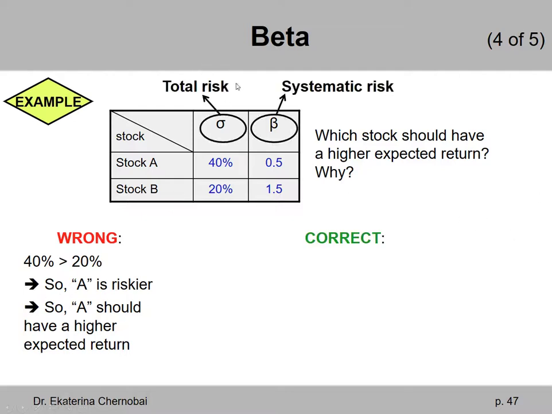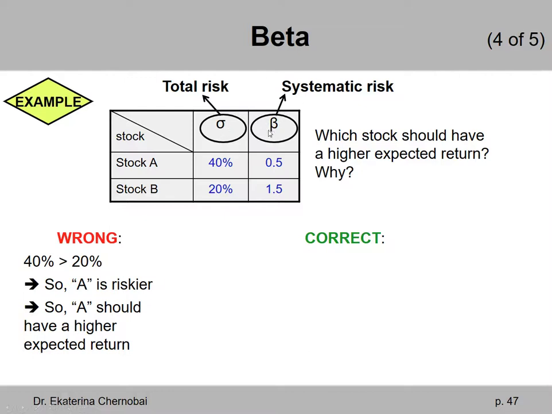what is sigma? Sigma is what we mean by total risk. So it's just fluctuations in returns, on average how far they are from the expected return. But what is the difference between the sigma and the beta? Beta also measures risk, but it's only part of sigma.